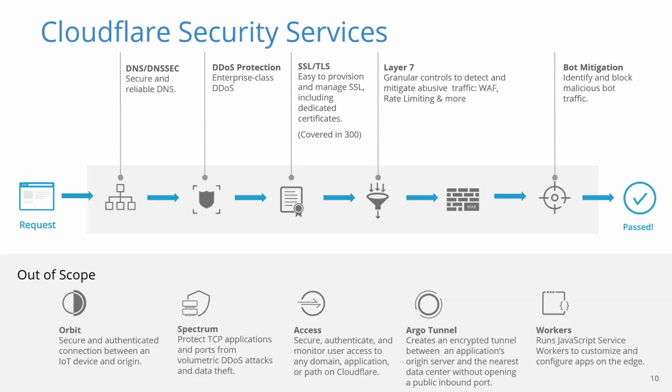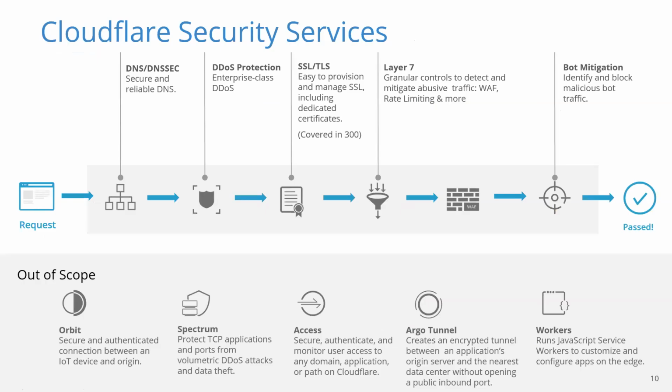What are the step-by-step processes when we are talking about security services? I believe in the ACE last week, we talked about the life of a request. What are the steps when there is a request coming from, let's say, a browser or an application, when it goes and targets the origin? It is routed to the Cloudflare network.